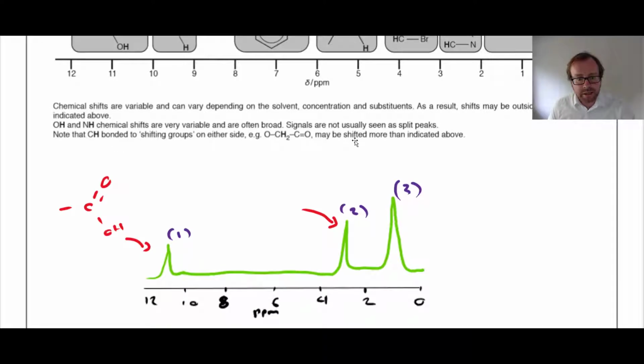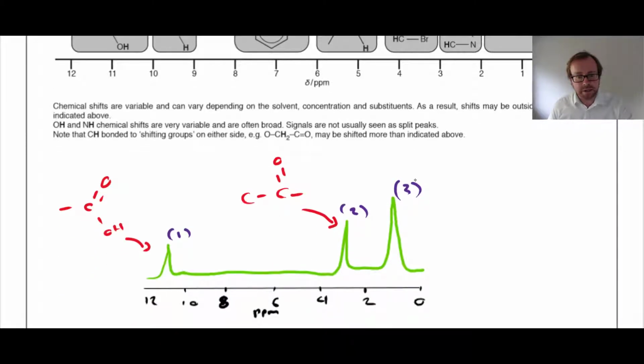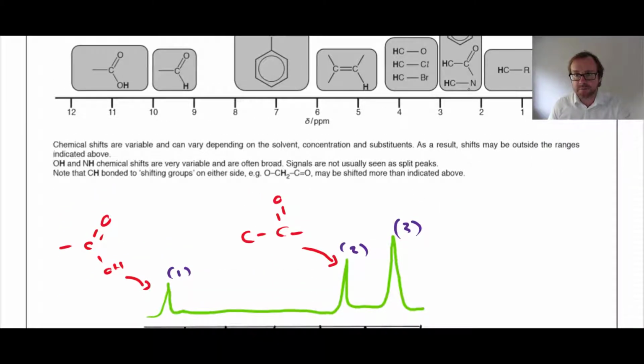We will say that this is C double bond O and my CH next to it, and it says there are 2 hydrogens, so I can put that on. This next one is a bit easier. Anything furthest to the right is probably an HCR, and we know it's got 3 hydrogens, so it more than likely looks like this.